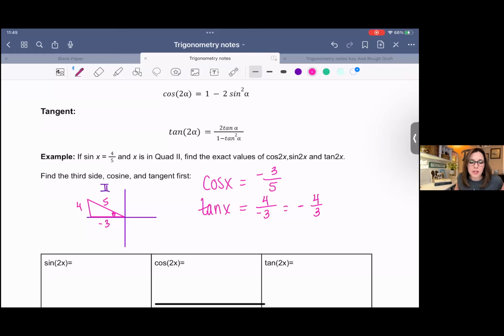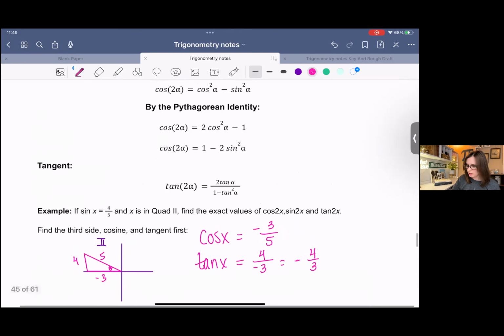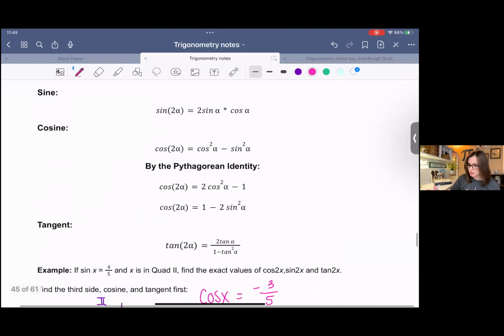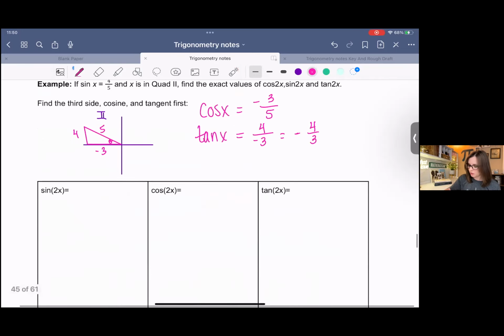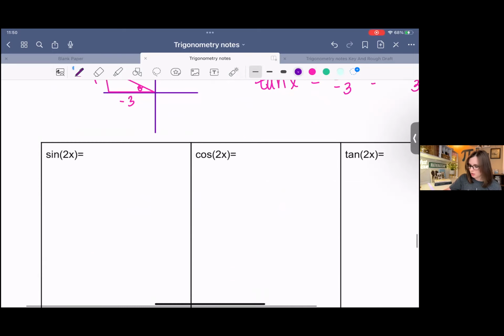Now that we know sine, cosine, and tangent, we can apply our double angle identities. So if we're looking for sine 2x, let's go up to sine. Sine 2x is going to be 2 sine x cosine x. I'll go down here, write that out. 2 sine x cosine x.